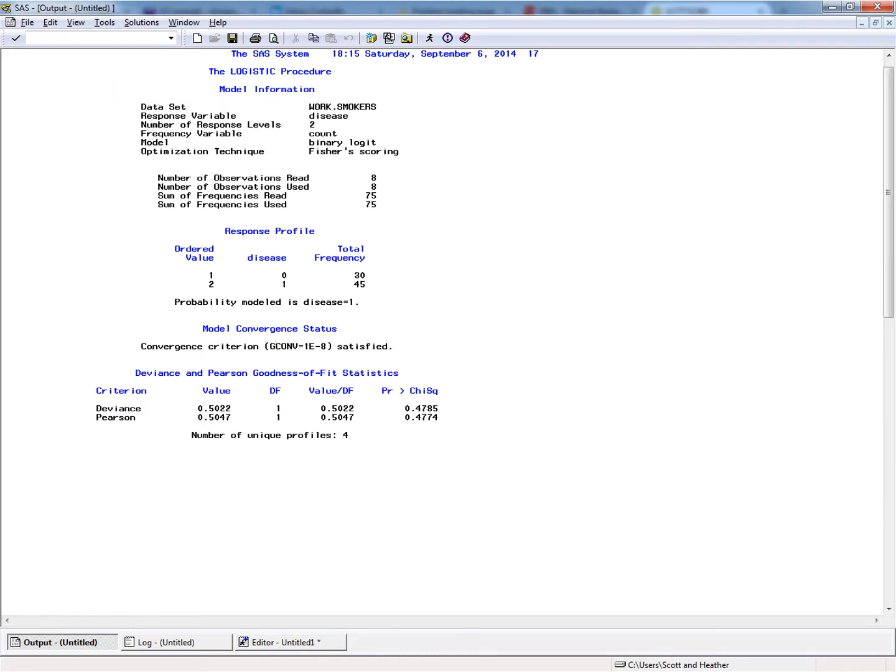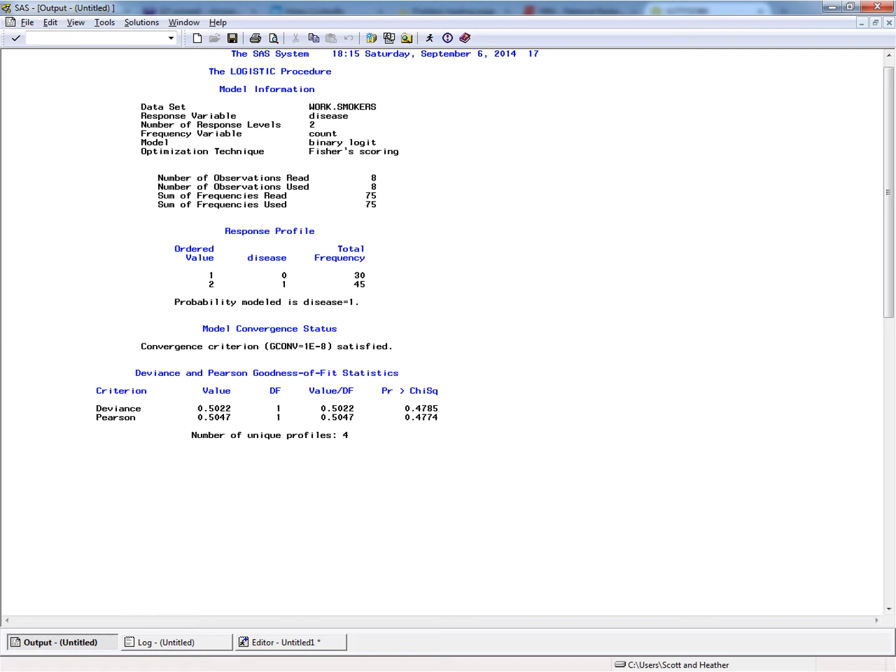Right, so there's our goodness of fit tests. The Deviance and the Pearson, of course, are very close to one another. That will often be the case. In this case, their p-values are quite large. Being quite large indicates an adequate fit for the data. The degrees of freedom are 1. Why?